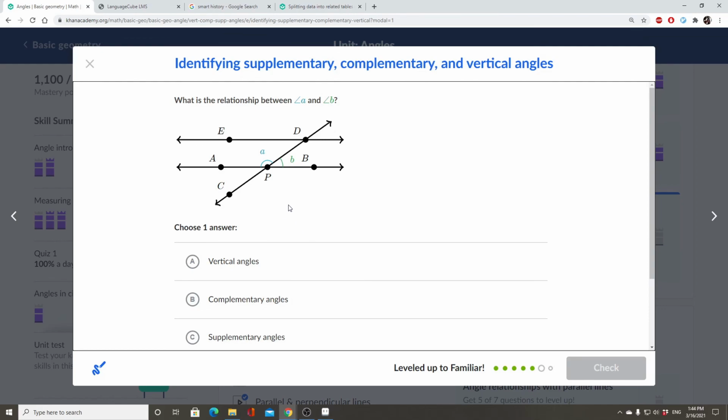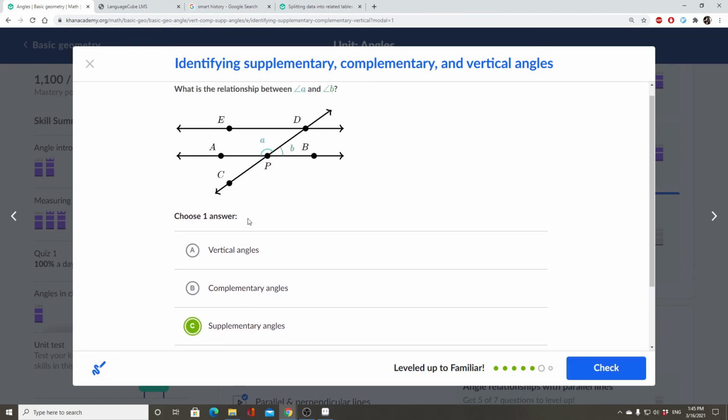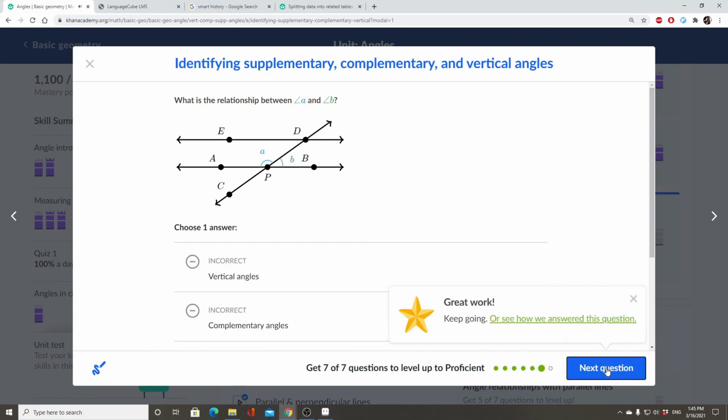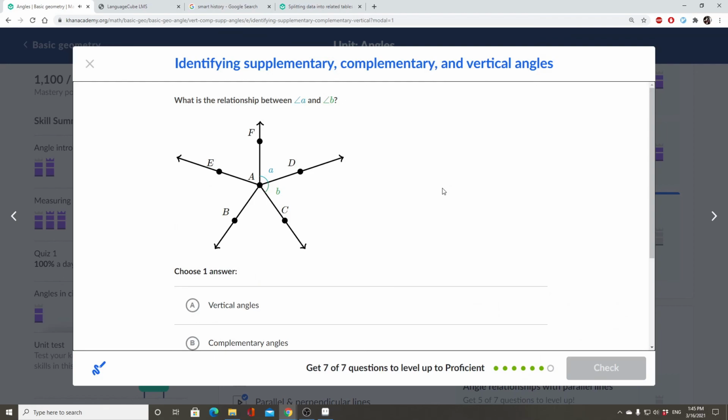And we got two more questions. Almost done here. What is the relationship between A and B? They don't appear to... yeah, okay, well... Oh no, yeah, I guess they're supplementary, right? Because APB is a straight line.